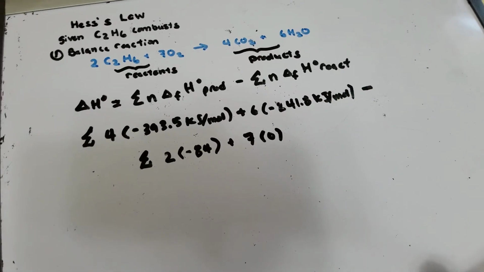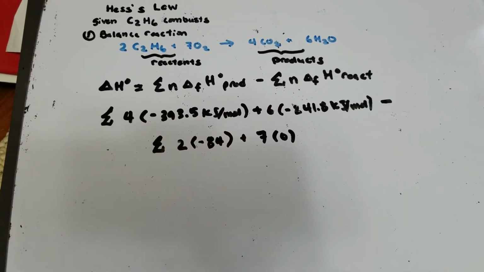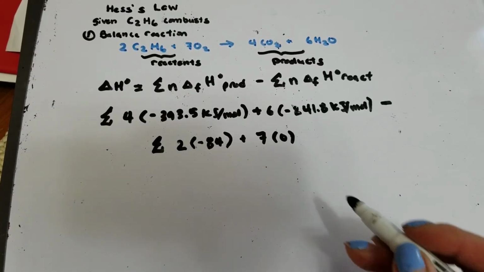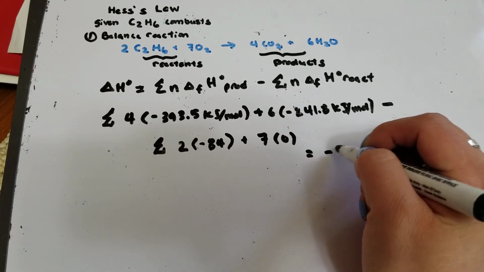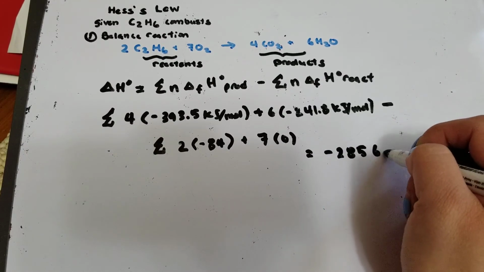So when I do the calculations, and you should be able to do this too, you should get an answer equals negative 2856.8.